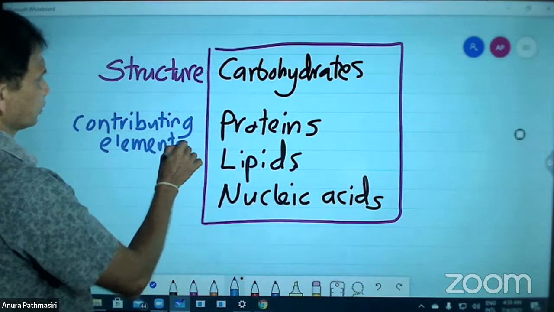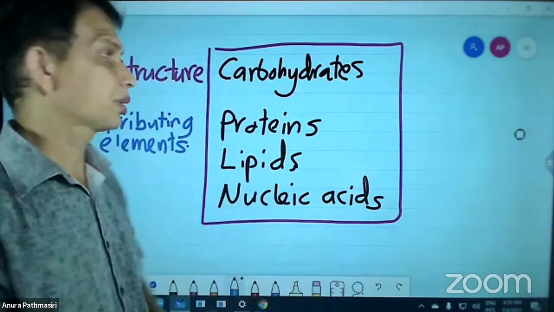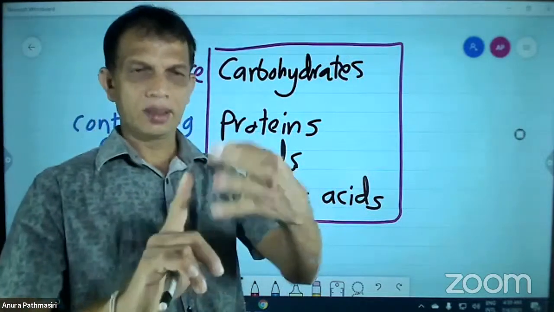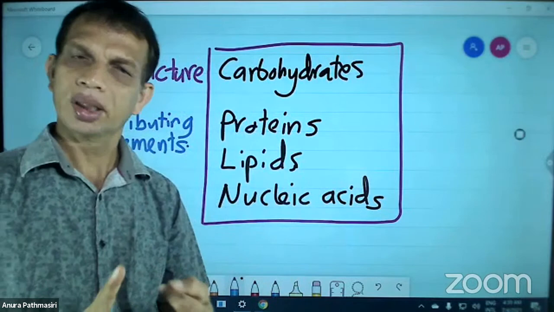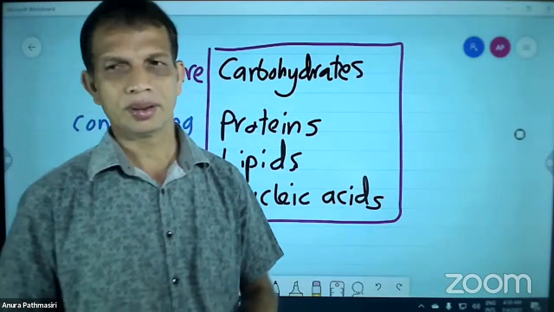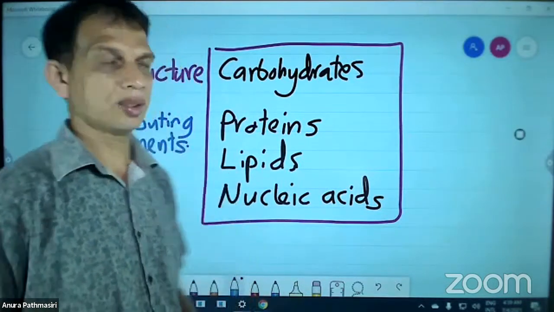So if it is carbohydrate, what are the contributing elements? Quickly tell me. Carbon, hydrogen, and oxygen. Could you please, our little girls, if you can, at least one member to support me, that will be nice.